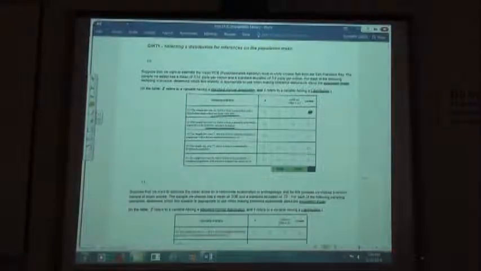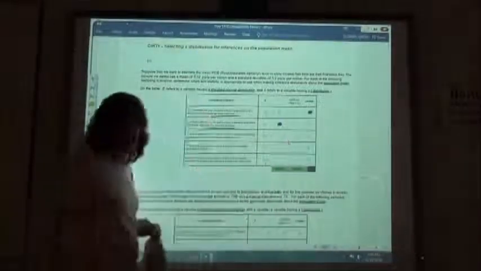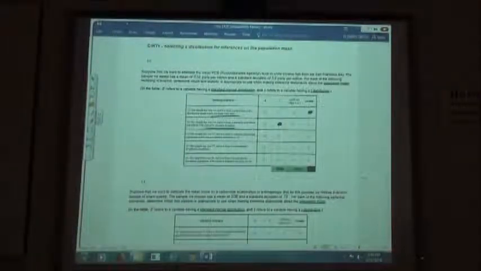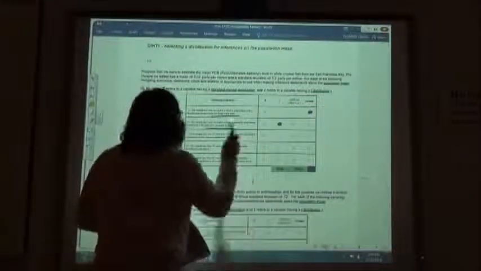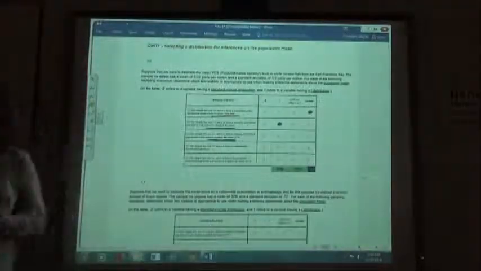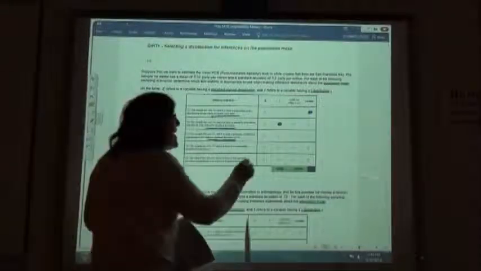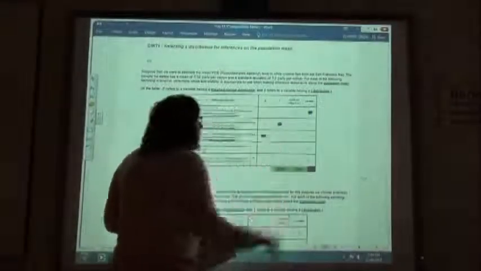If it's an unknown standard deviation, then that's when we use the T distribution. The next one has a sample size of 17. It is normally distributed, and we do know the standard deviation. Anytime we do know the standard deviation, we are going to use the Z table, the Z score.